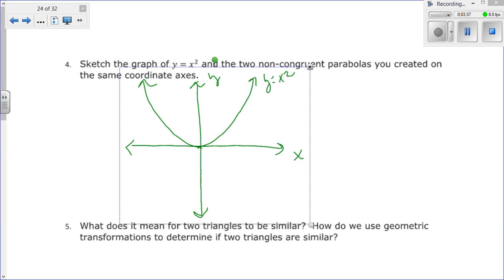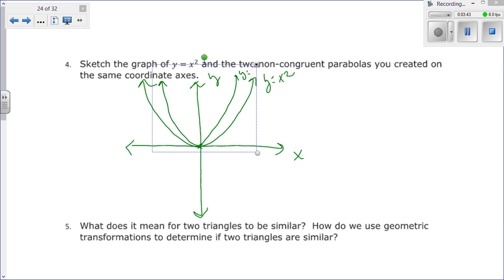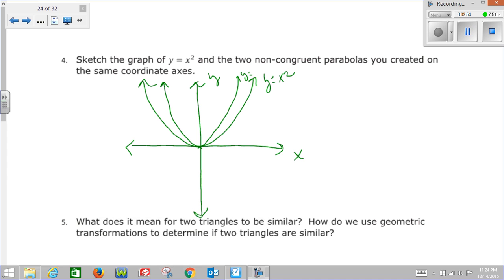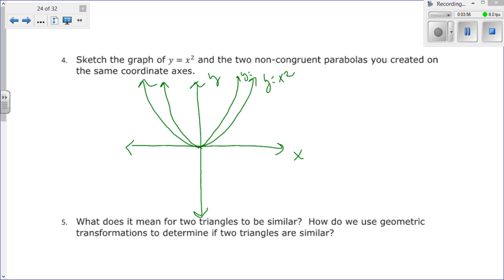And then this is y equals 2x squared. And this is y equals 1/2 x squared.